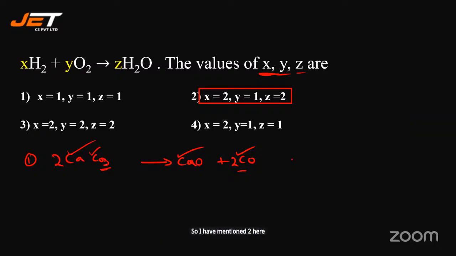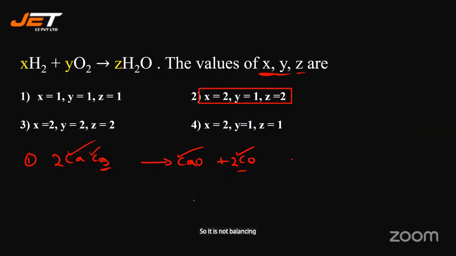Now what is the total number of oxygens? 2 3s are 6 oxygens. But here, how many oxygens are there? 2 plus 1, 3 oxygens are only there. Right? So it is not balancing.